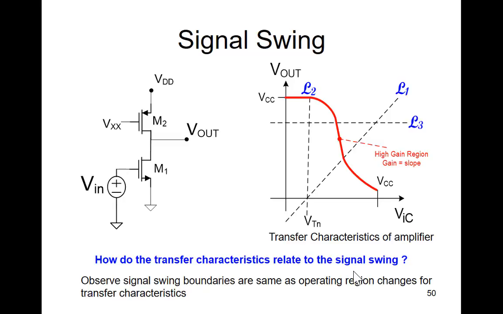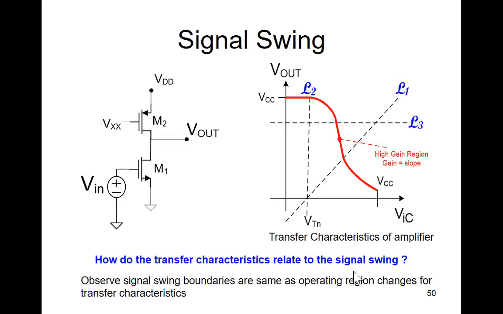So if I look at the transfer characteristics of this device, they look something like this red curve. For Vn small, this transistor is cut off and the output is VCC, and eventually it comes down like this. And this is the high gain region.